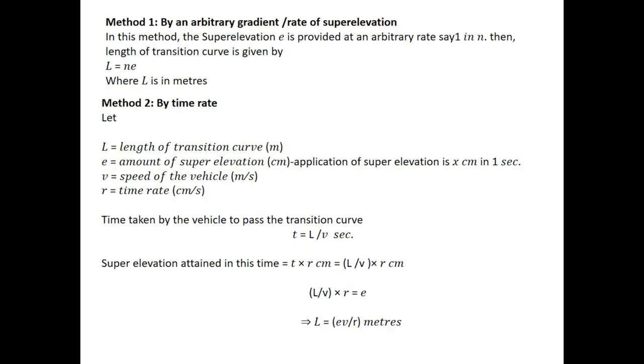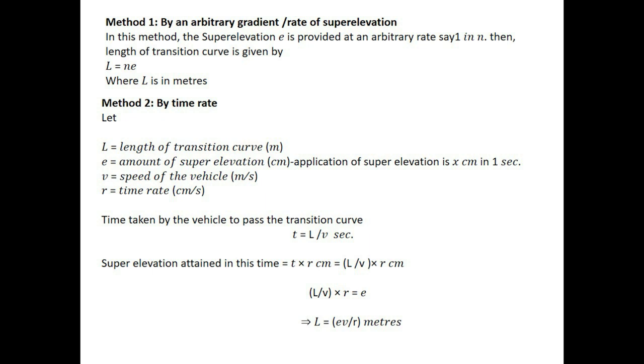So we can look at the first method, that is by an arbitrary gradient or rate of super elevation. So if we consider super elevation E is provided at an arbitrary rate, say 1 in n, then L, that is the length of the transition curve, is given by L equal to n into E, where L is in meters.